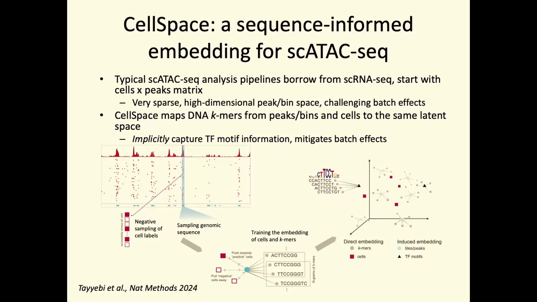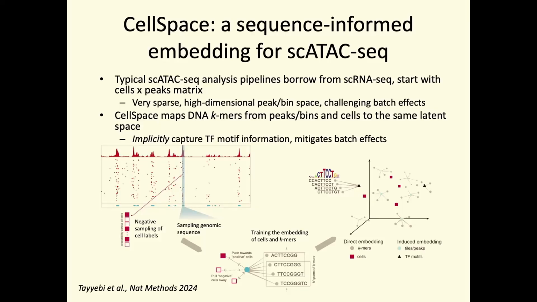You have several 100,000 accessible peaks represented in your cells. It's much higher dimensional and sparser than single-cell RNA. The dynamic range for any event is 0, 1, or 2, because you only have 2 chances of seeing an accessible event in a diploid genome.